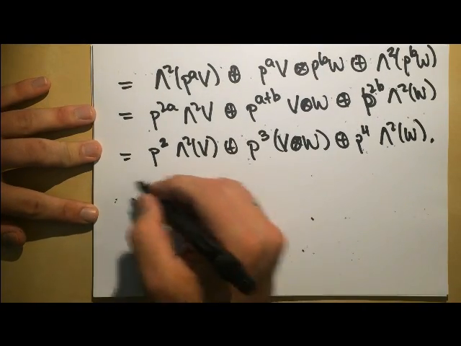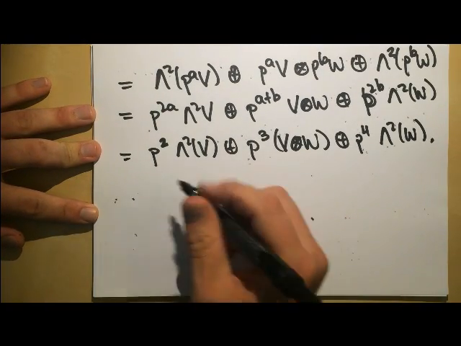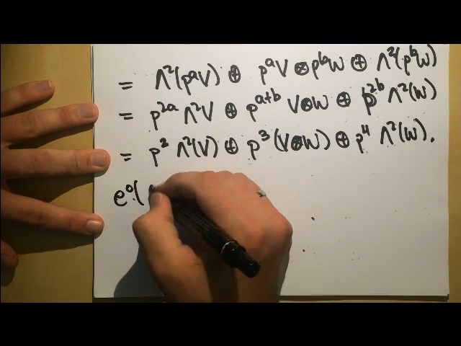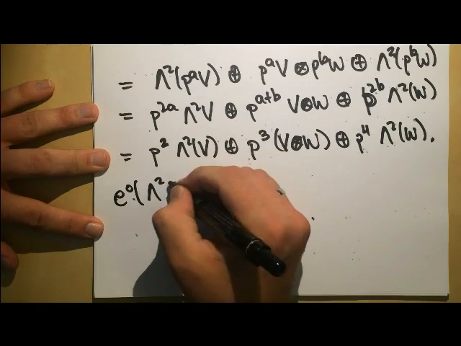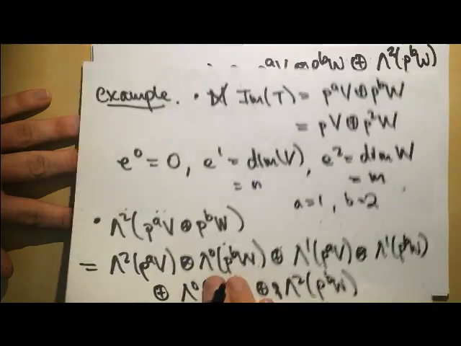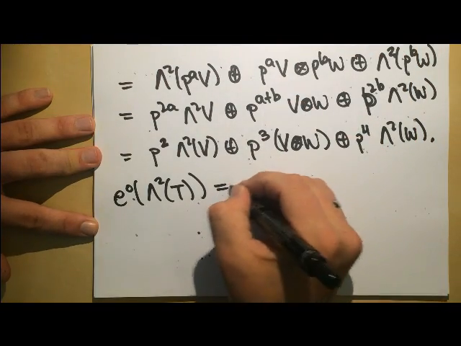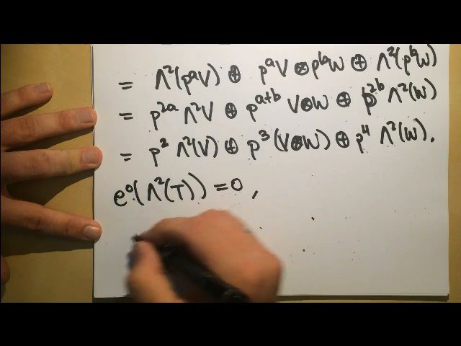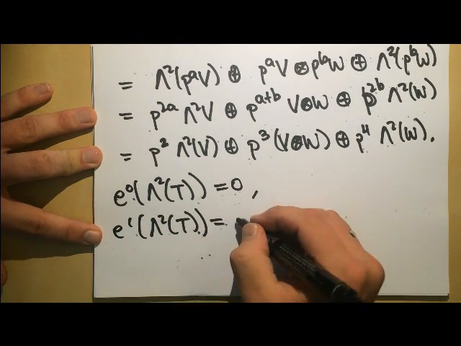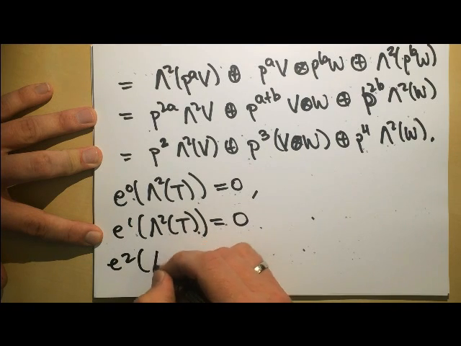So this tells us that E0 of the second wedge power of this map, where the image of t was like so, this is 0, right? E1, so this is equal to 0.